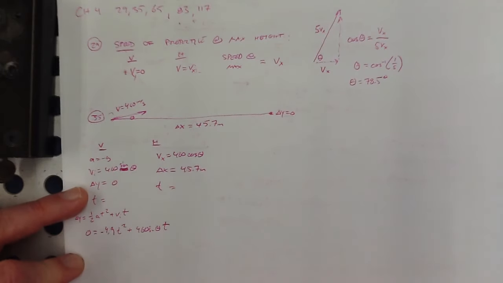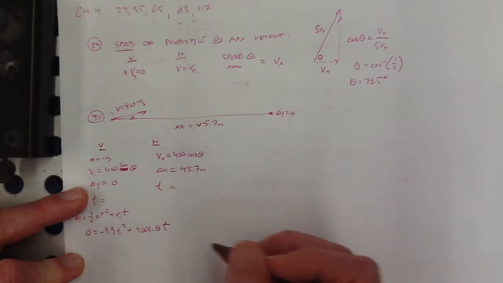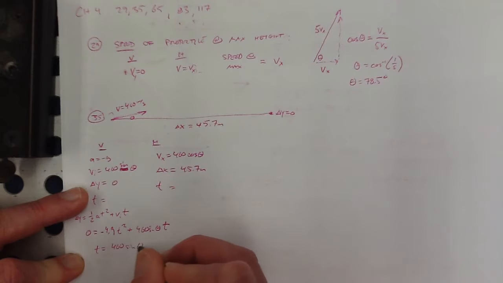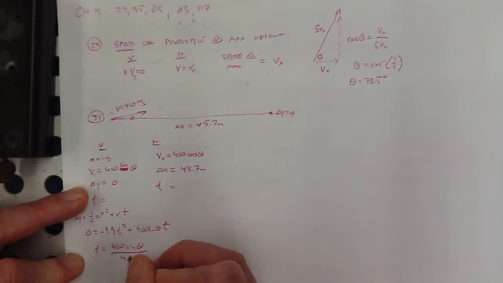I could divide one of the t's out there and get the equation t is equal to 460 sine theta over 4.9. You could divide that out if you want.